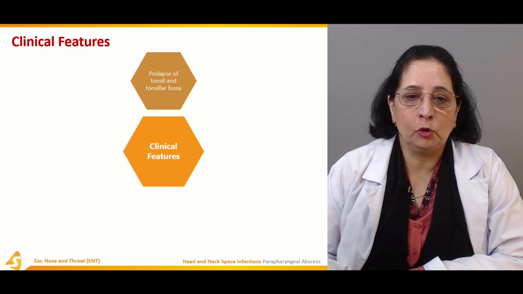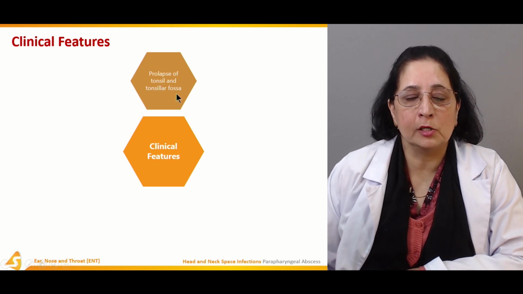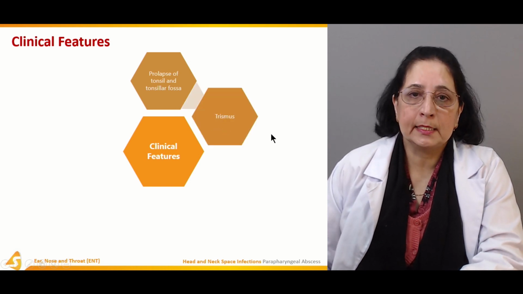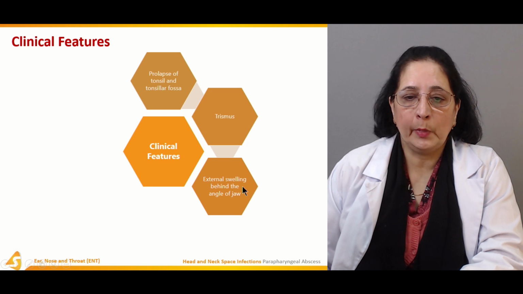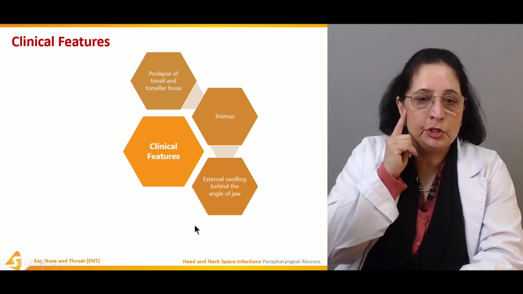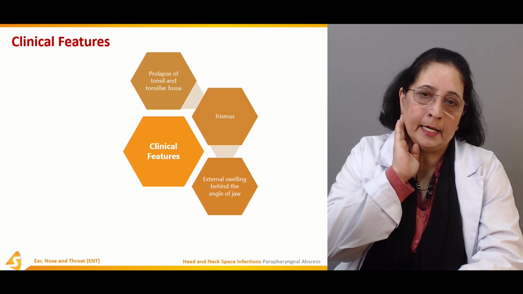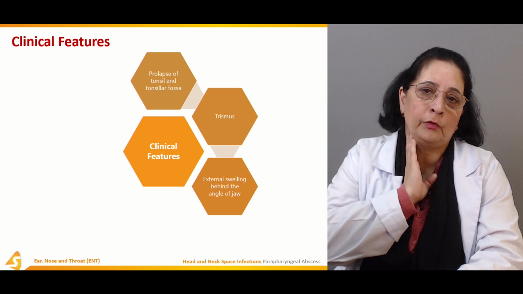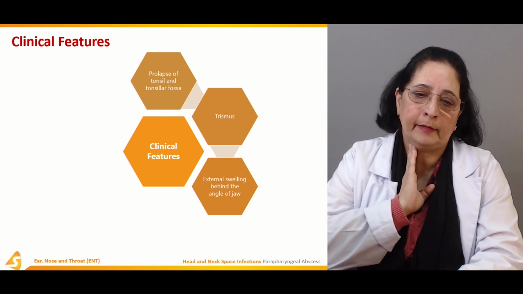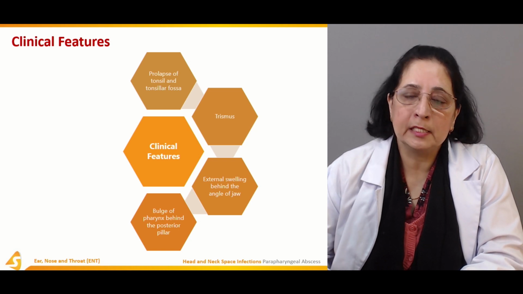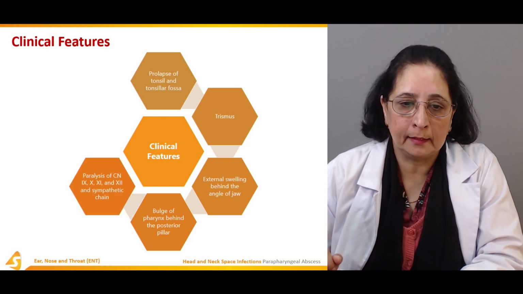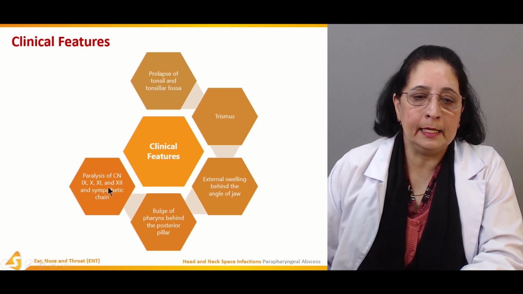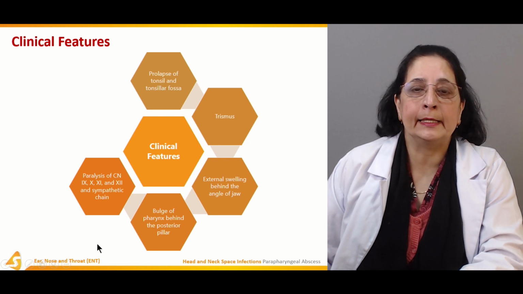Clinical features include the prolapse of the tonsil and tonsillar fossa, trismus, external swelling behind the angle of the jaw, because behind the angle of the jaw is the parapharyngeal area. Bulge of pharynx behind the posterior pillar, paralysis of cranial nerves 9, 10, 11 and 12 and sympathetic chain.